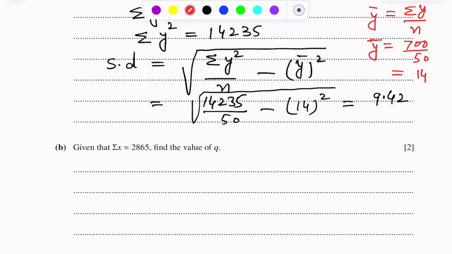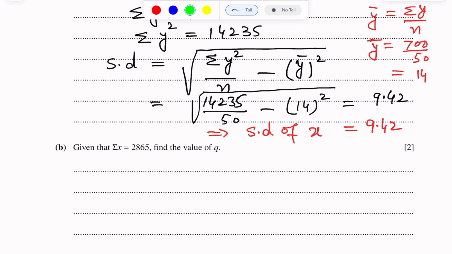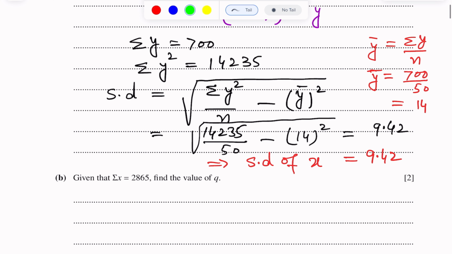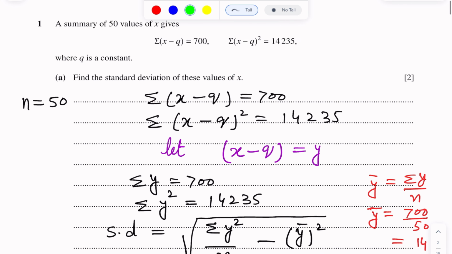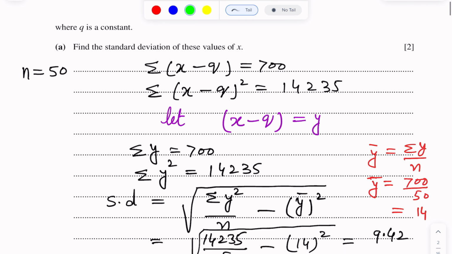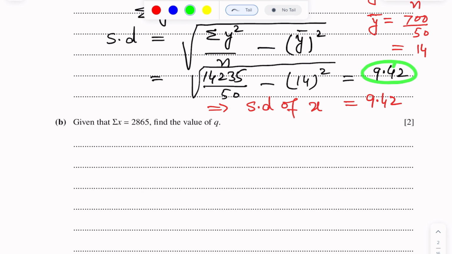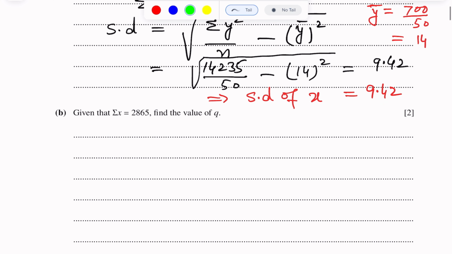So finally, this shows that the standard deviation of x is equal to 9.42. This is the answer. The standard deviation of x and y remains the same.